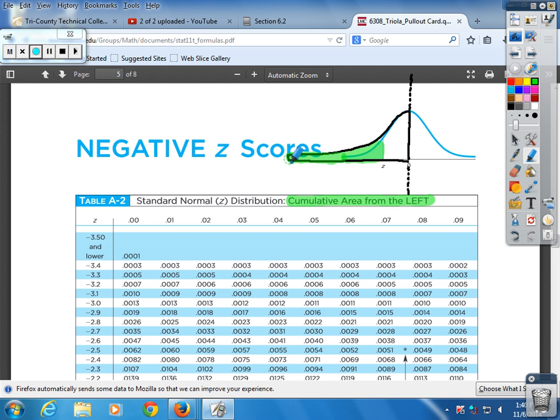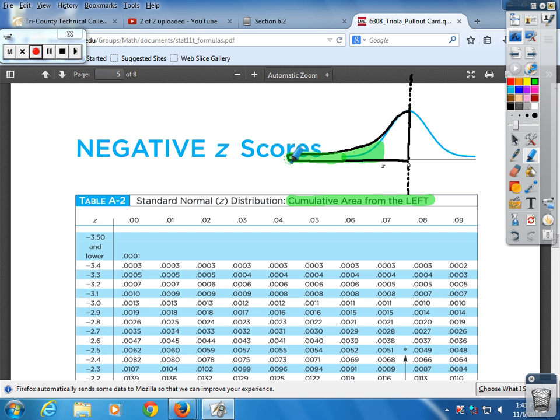Cumulative from the left means that these areas, all the way down to 0, are coming this way until you get to here. What do you think the highest area is going to be at this point? 0.5000. That's right, class, because it's halfway.